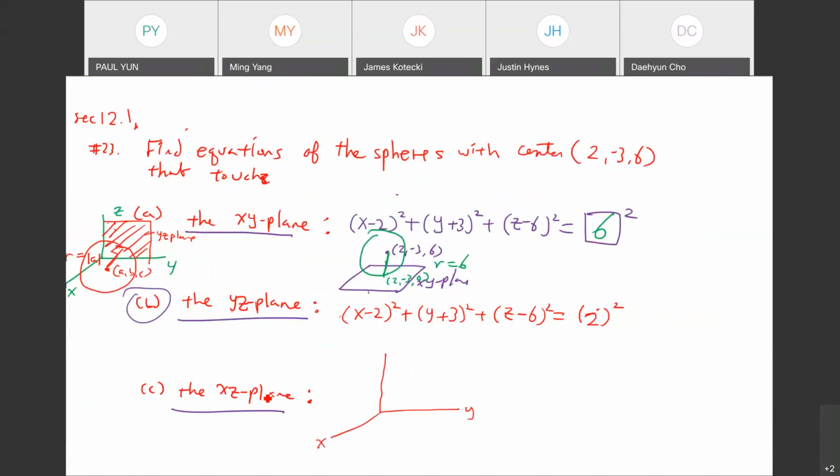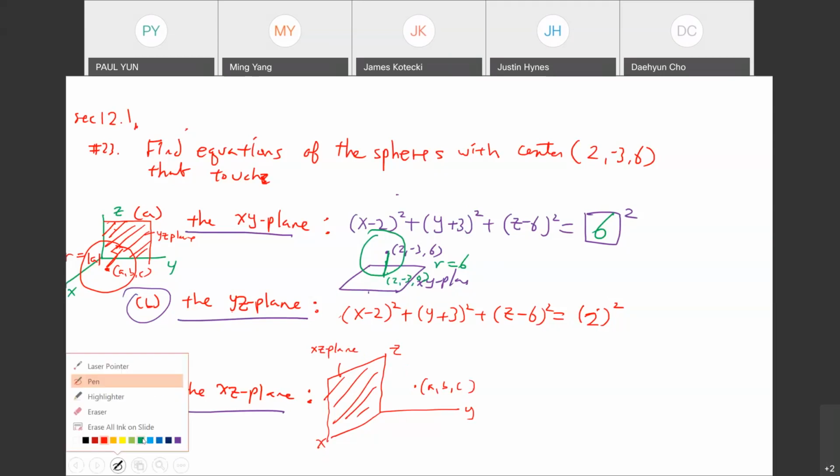It says xy plane. So where is the xy plane? It's a wall on the left side. That is the xy plane, right? Then you think about the point. You put the point here, something like A, B, C. Then it becomes crystal clear what has to be the radius.